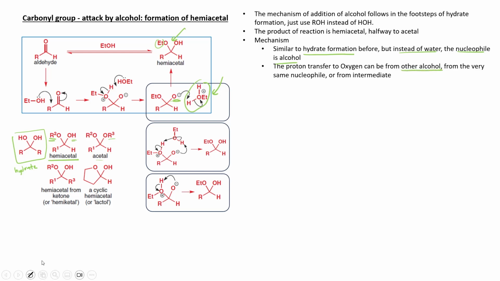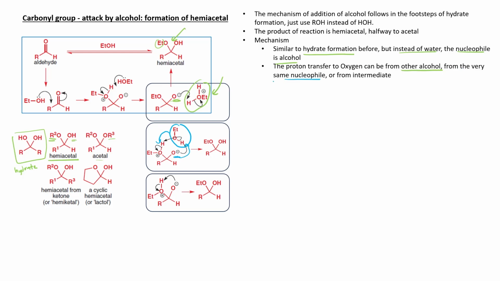It can also take it from the very same alcohol that is used, the nucleophile. This alcohol attacks the electrophile on the other side, and this negatively charged oxyanion will take another hydrogen from the very nucleophile that is used.